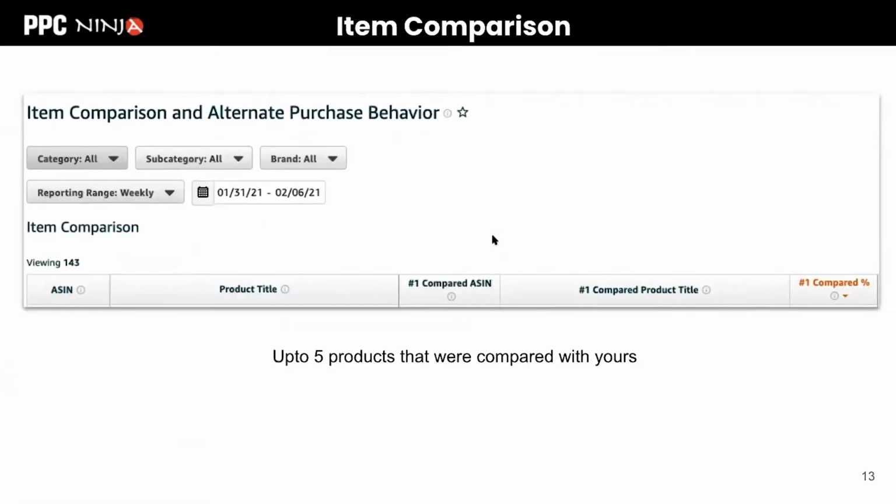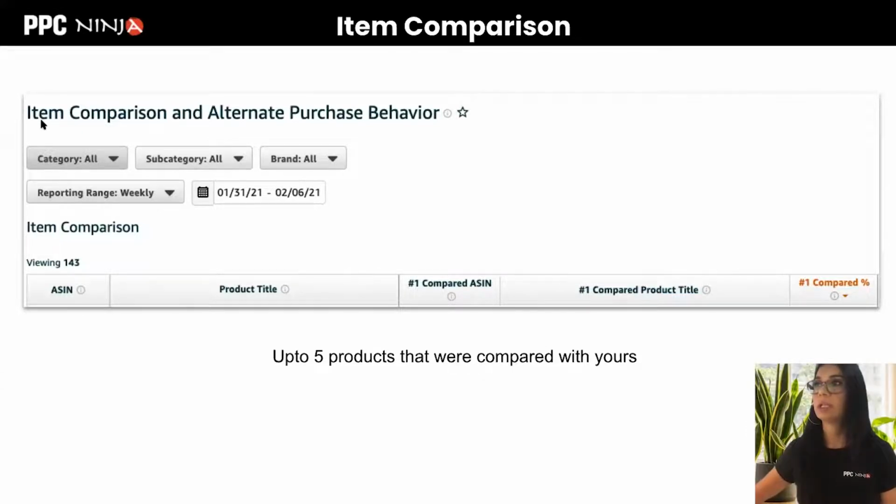All right. Next, let's look at item comparison, and this is just telling you which of the products were purchased or compared with yours. So you have up to 5 products that Amazon gives you details about, and this is a horizontal scroll bar, pretty long.